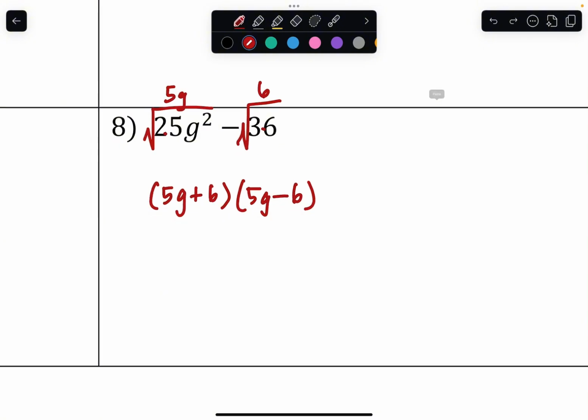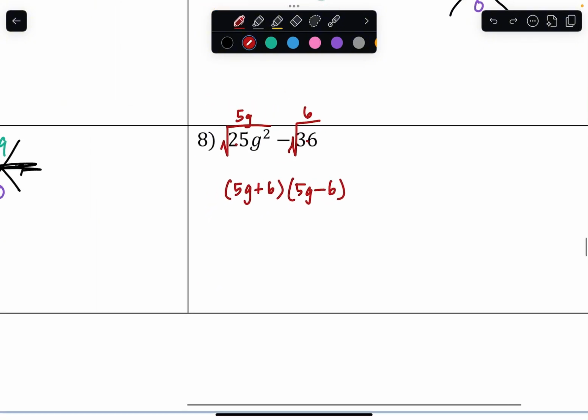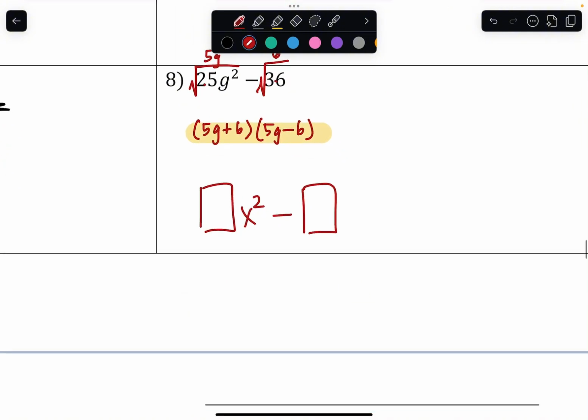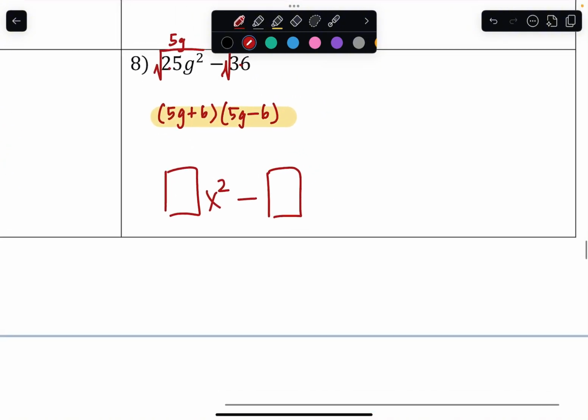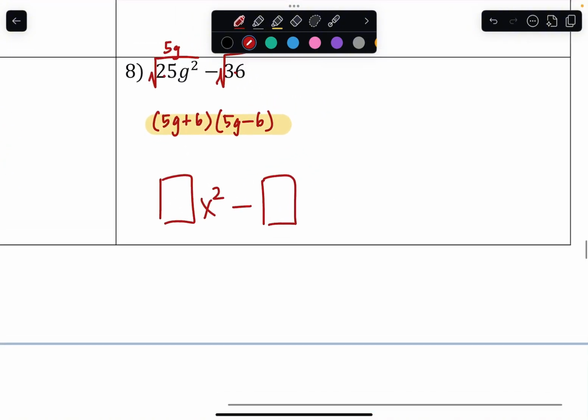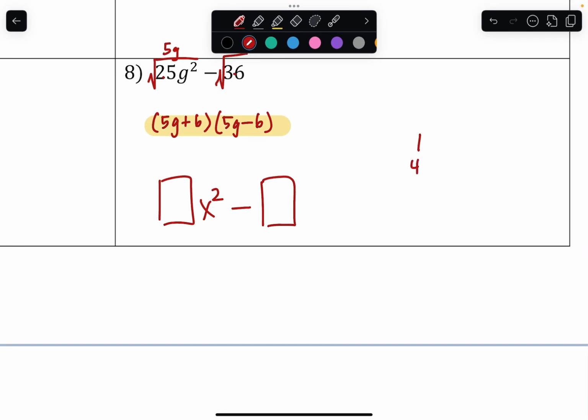That's a big number. And so when they test this skill, they do use huge numbers. So as long as you have a perfect square minus a perfect square with that x squared there or g squared, whatever variable they're using, they could use any of your perfect squares. So 1, 4, 9, 16, 25, 36.